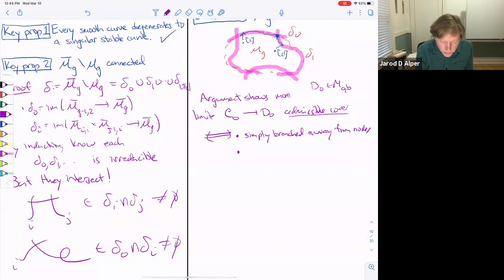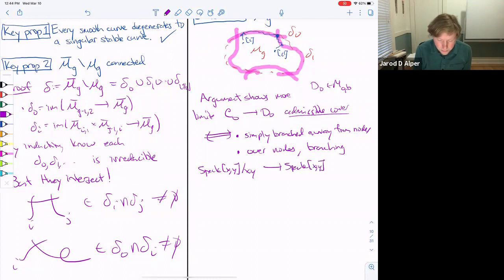And then over the nodes, it could be branched over the nodes. The branching has a prescribed form. It looks like the local calculation. It just looks like kind of a default cover of a node: x goes to x to the m, y goes to y to the m.